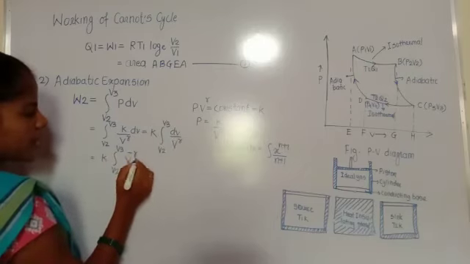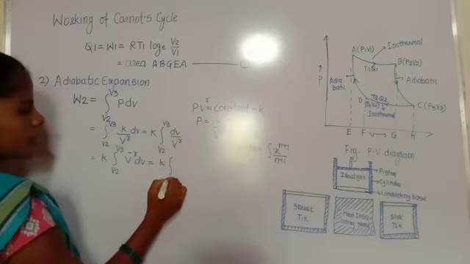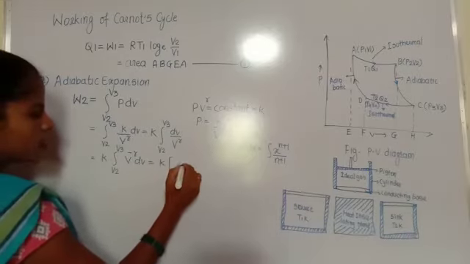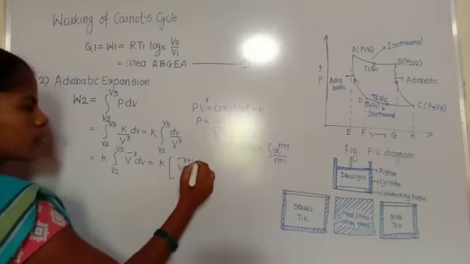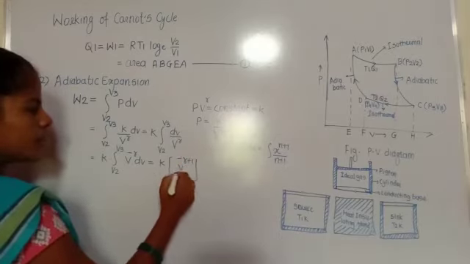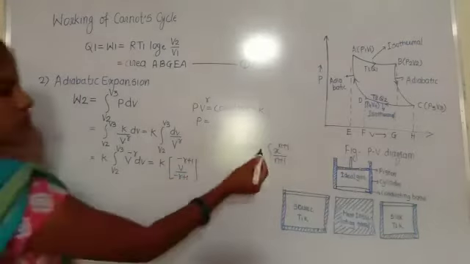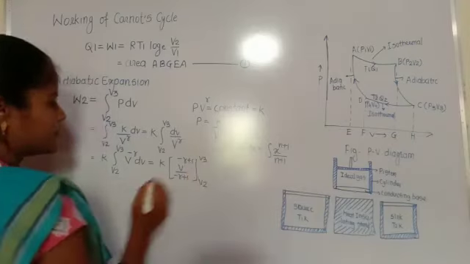We get minus gamma into dv is equal to k into the integral, and the derivative becomes v to the power minus gamma plus 1, and divide by minus gamma plus 1 according to this formula, with the limit v2 to v3.